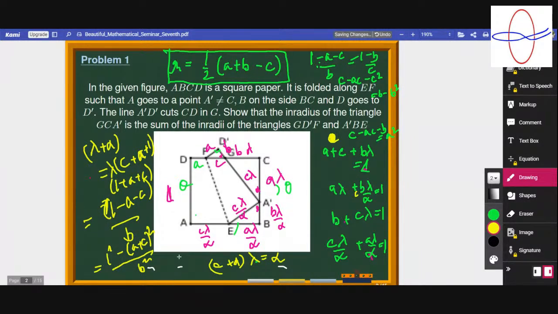Now do you think this is equal to 1? It must be equal to 1. Now, is our statement correct? I'm just thinking about that.